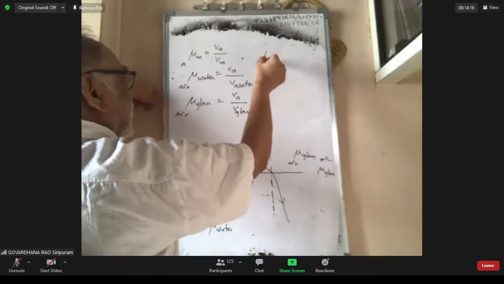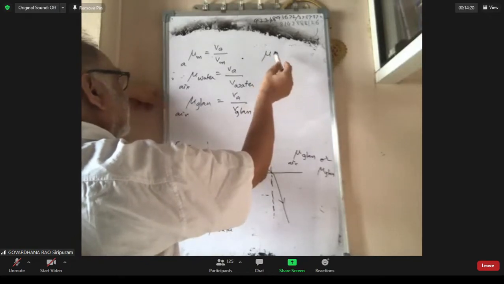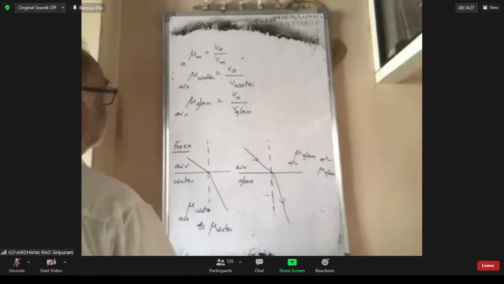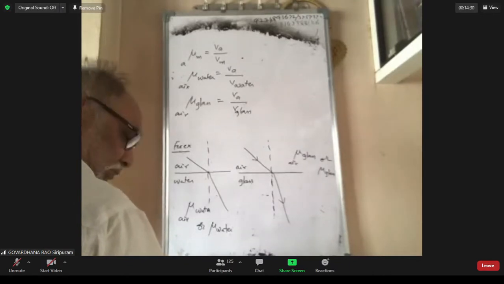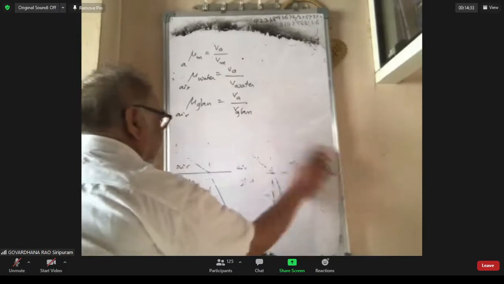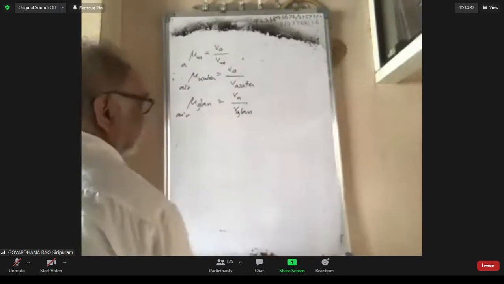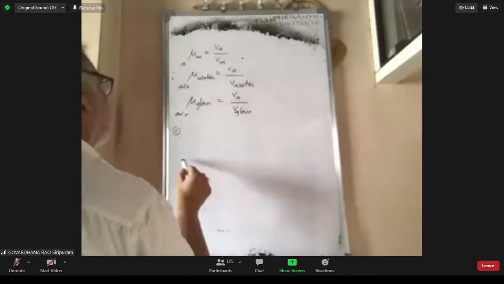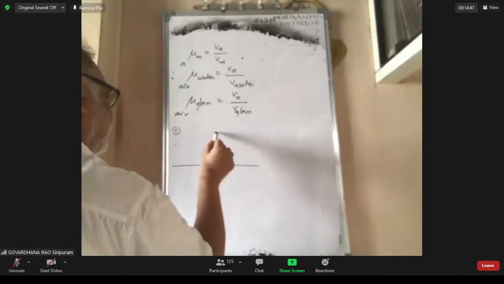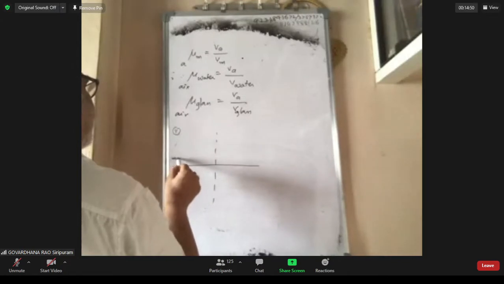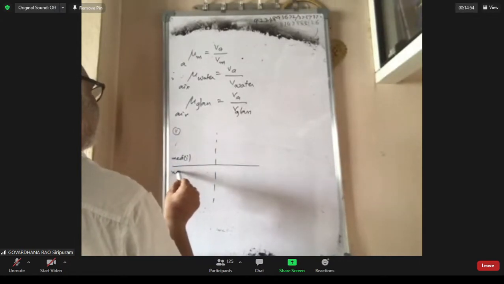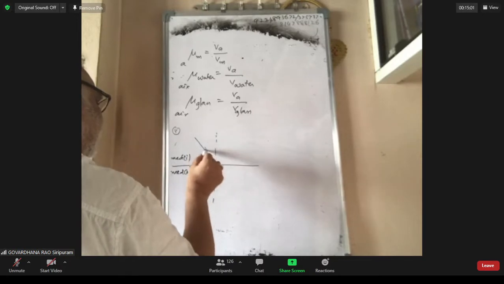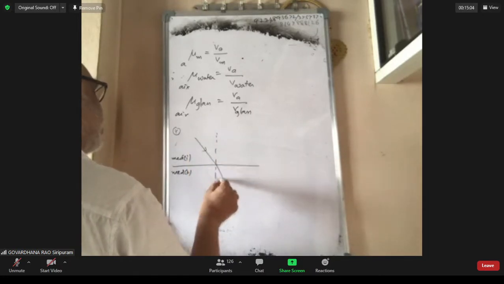Suppose this is medium 1, medium 2, and light rays are coming from medium 1 and go to medium 2.